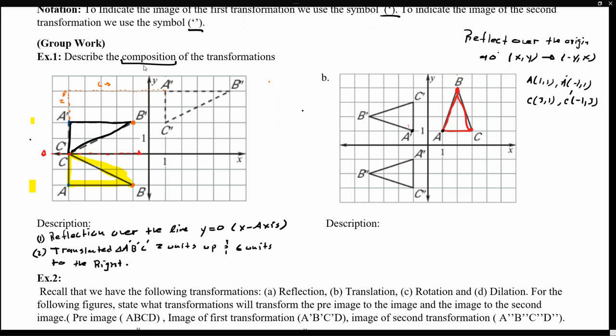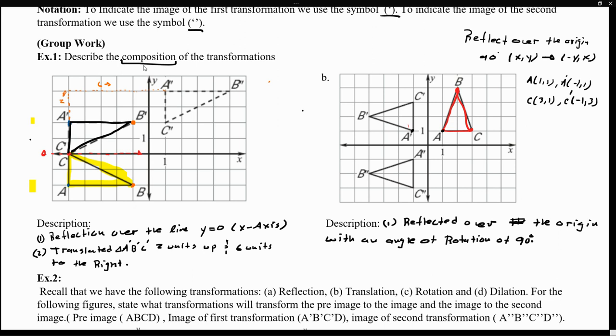So notice that we have our first transformation here. Our first transformation is that we rotated over the origin with an angle of rotation of 90 degrees.